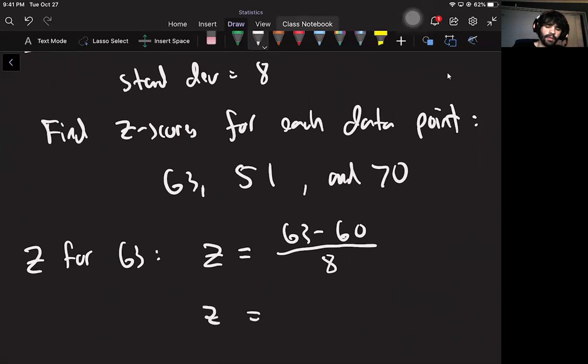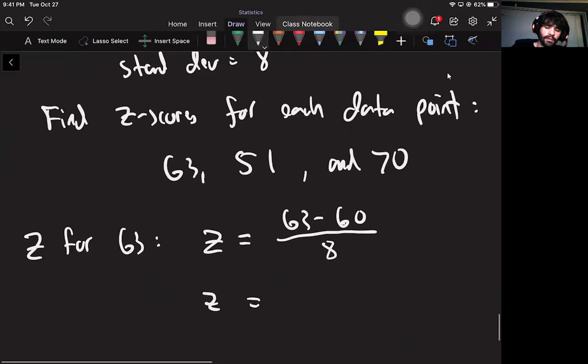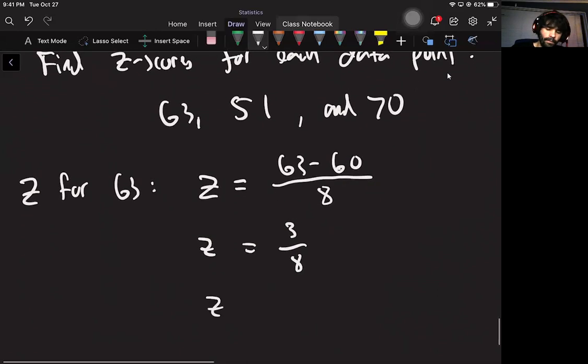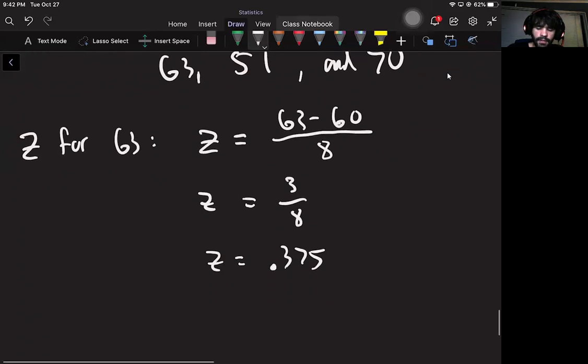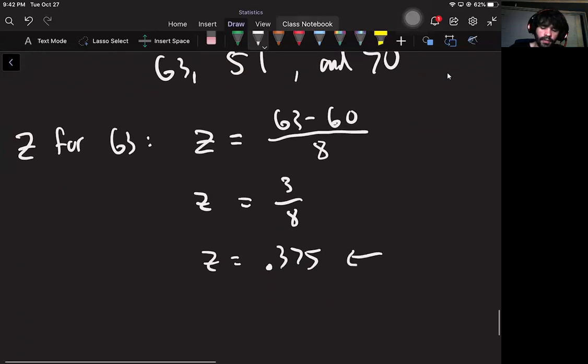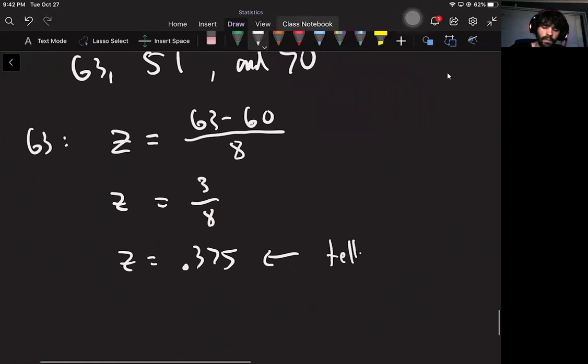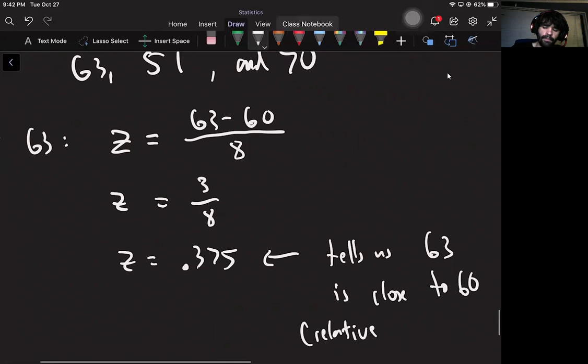And this z-score, being a small number, reveals that. So 63 minus 60 is 3. 3 over 8, you can plug that into a calculator, 0.375. So this number being a small decimal tells us that yes, 63 is close to 60 relative to the spread of the data.